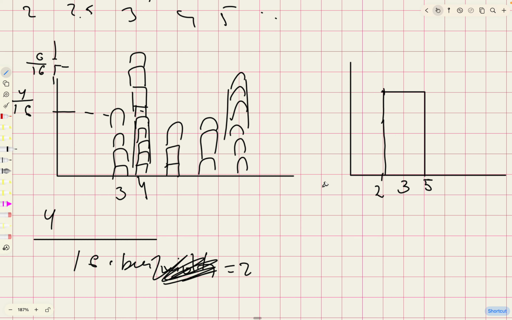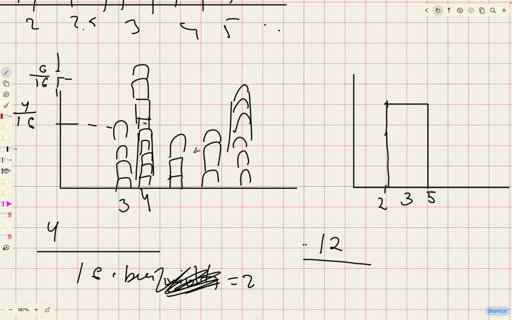What we do exactly is take 13 divided by how many points we have in total.